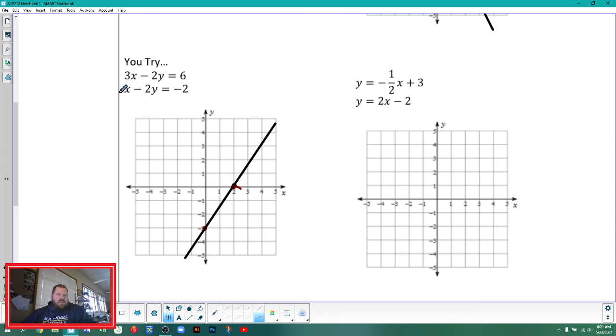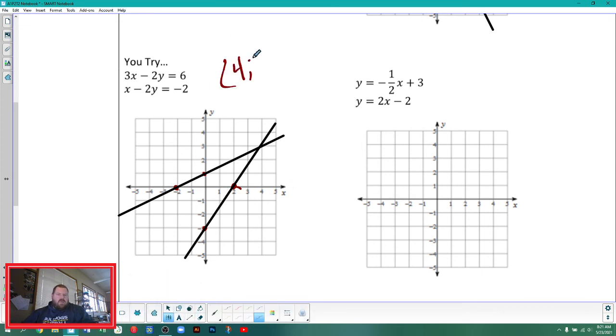And for the other one, if I cover up the y, I get x equals -2. And if I cover up the x, I get y equals +1. So we get those 2 points right there. And our lines are definitely going to intersect right over here. And it looks like, and I feel pretty confident with their intersection being at 4, 3.